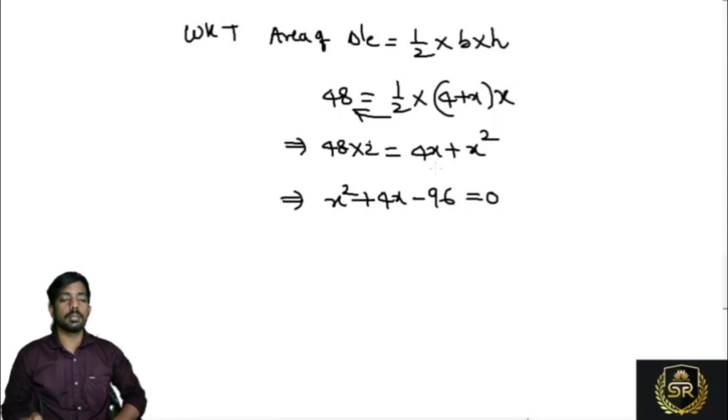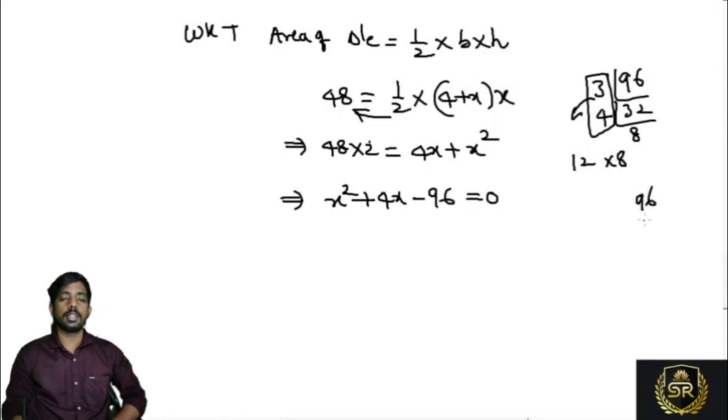And here do the LCM of 96 so that we can get the middle term. 3 threes are 9, 3 twos are 6, 4 eights are 32, 3 fours are 12. So 96 can be split as 12 into 8.